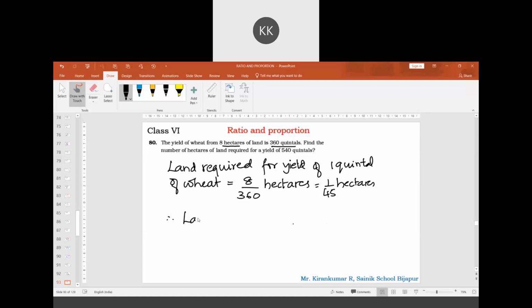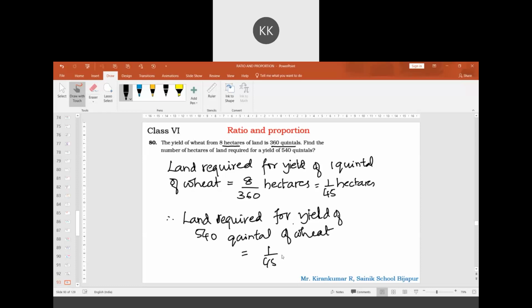Therefore, the land required for a yield of 540 quintals of wheat will be equal to 1 by 45 times 540.